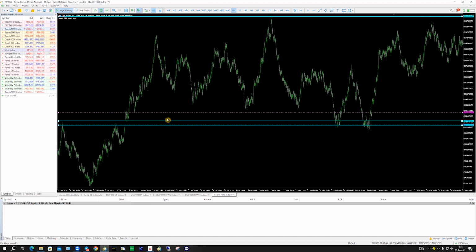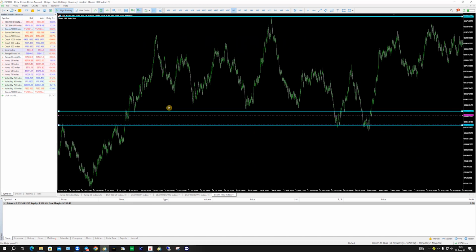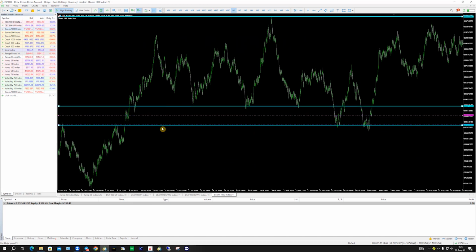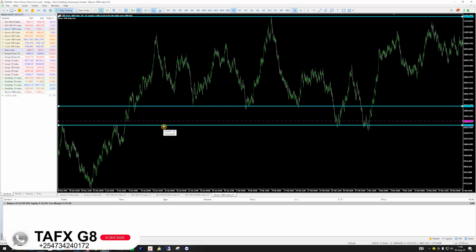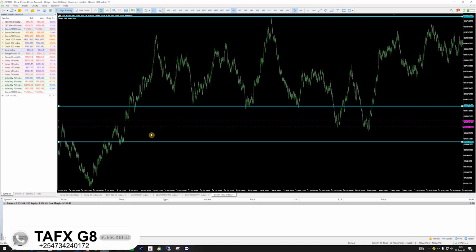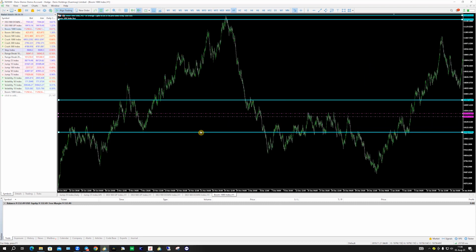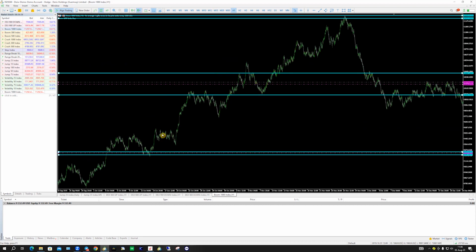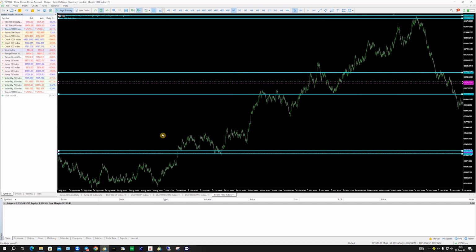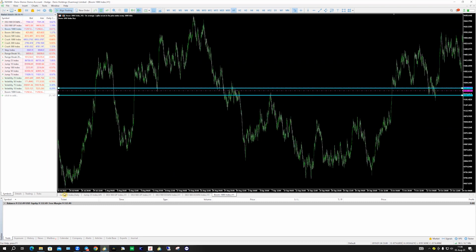And if I remove the lines we drew here, you can see the lines are still there, the lines that are drawn by our Super Zone, to continue showing us the key areas even in history.